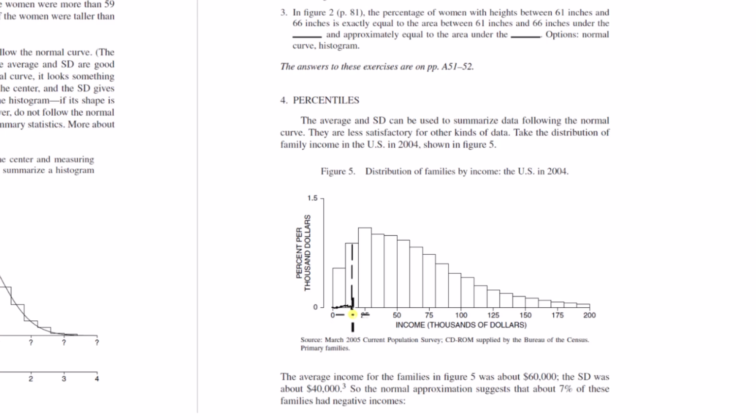That means that 10% of the families in America, or whatever the histogram means, had an income below $15,000. Or you could say it the other way: 90% of the families in America in 2004 had income above $15,000. You see?